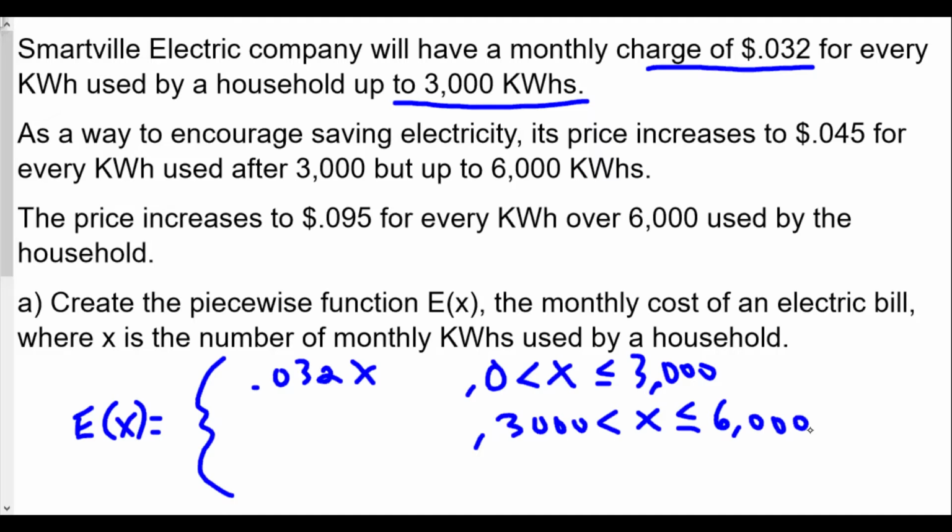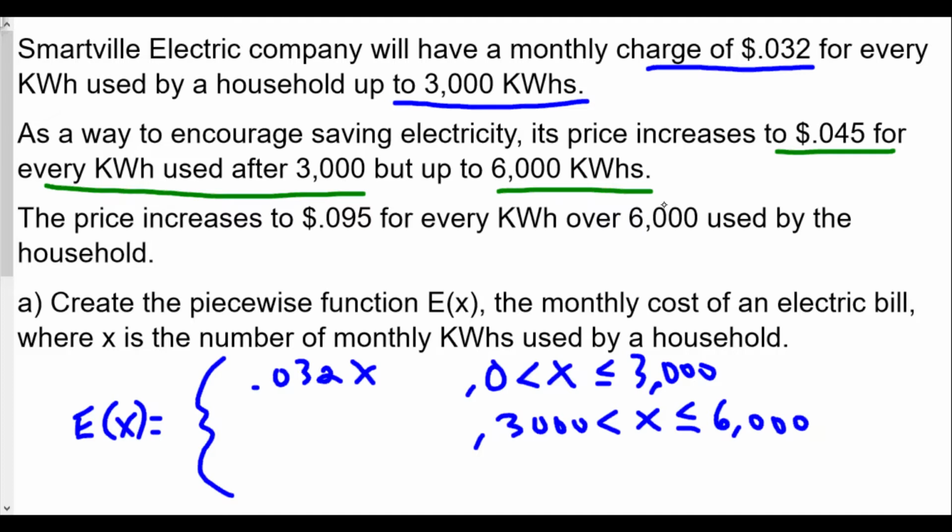Now, first off, why is the second one between 3,000 and 6,000? The price is 0.045 for every kilowatt hour used after 3,000. So this new charge kicks in only after you hit usage of more than 3,000, but up to 6,000 because that's the next tier after that.